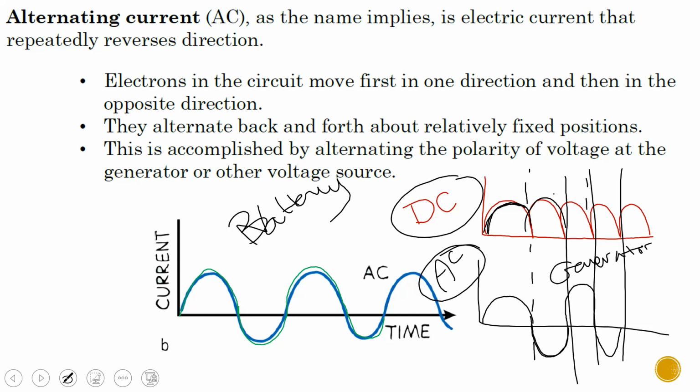So DC is in a battery, and AC is in a generator or another voltage source. Inside a battery, we have only DC, but in generators or any other voltage source, we have AC.